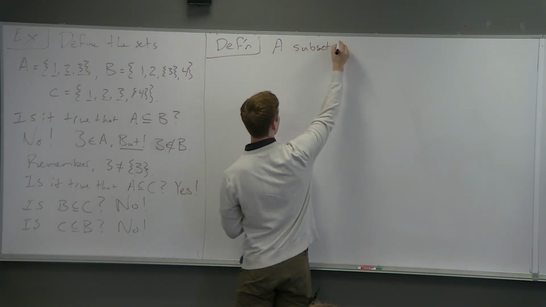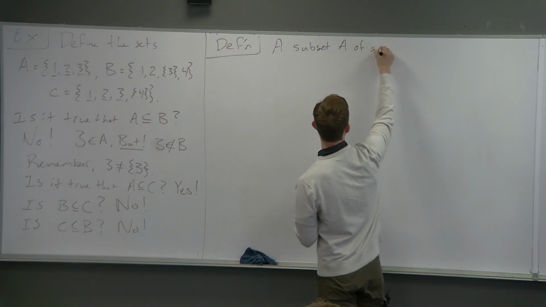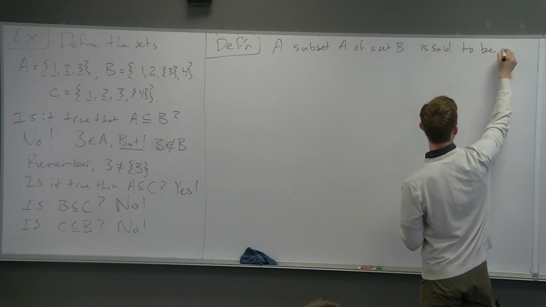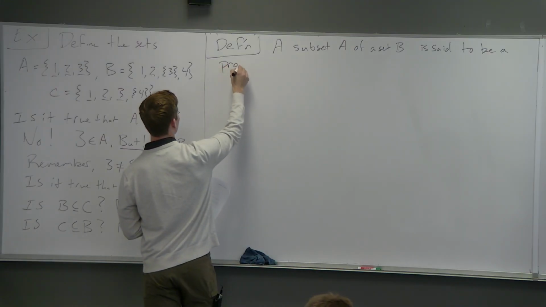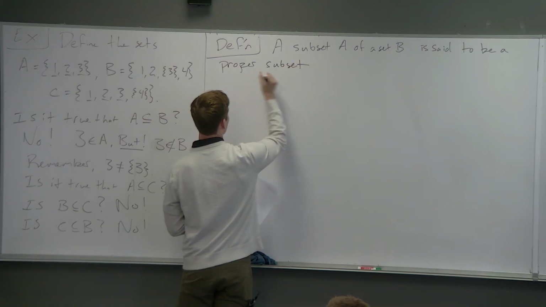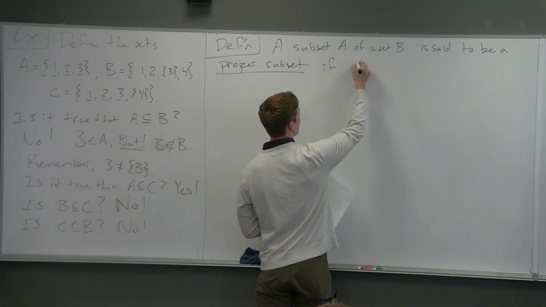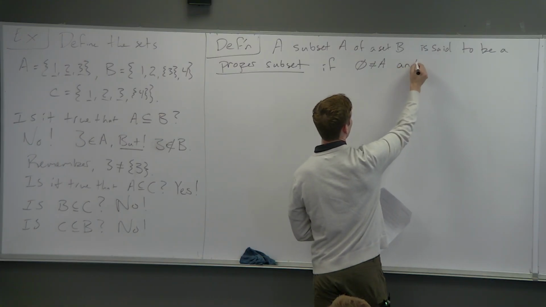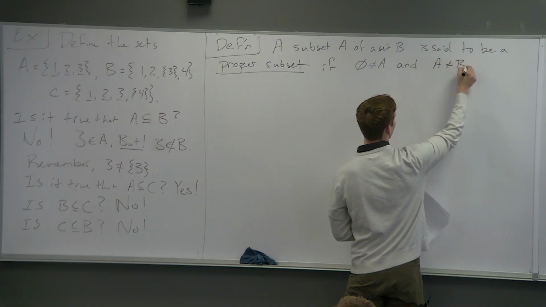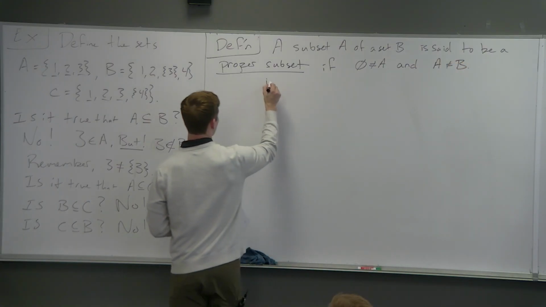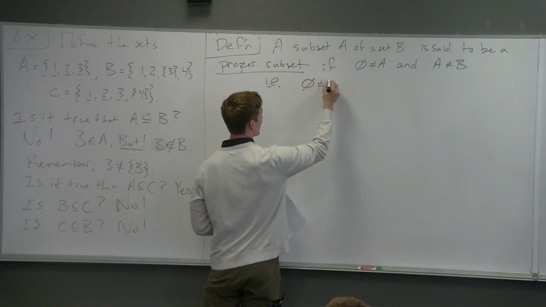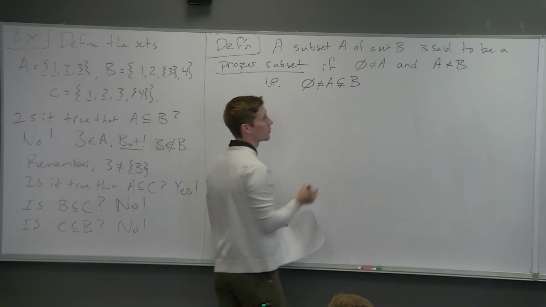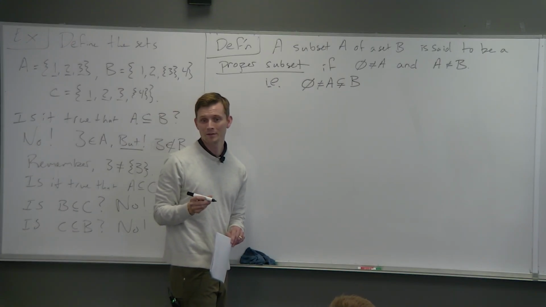A subset A of a set B is said to be a proper subset if A is not the empty set and A is not equal to B. That is, the empty set is not equal to A, which is a subset of B but is not equal to B. Does that make sense?